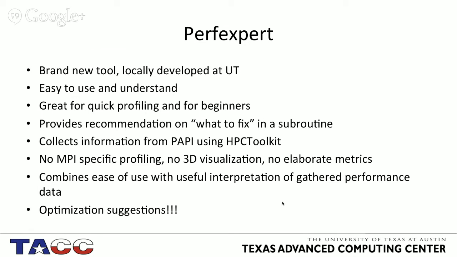It will digest it and it will tell you, your code has a problem with accessing data, or your code has a problem with not doing enough vector operations, or your code has a problem with failing to find data on cache level 2. So it will simplify things for you. Under the covers, it uses HPC Toolkit, which is something we'll talk about in a few minutes, and it uses PAPI to collect hardware data directly from the system.